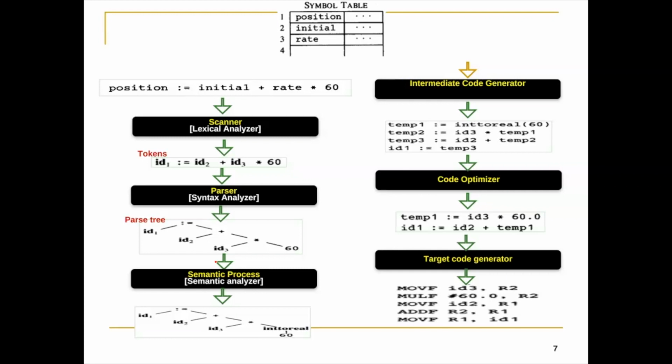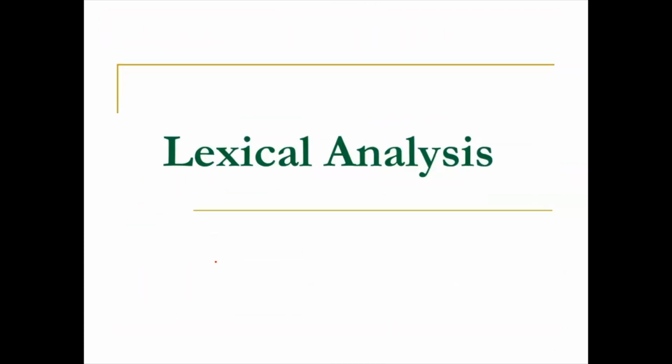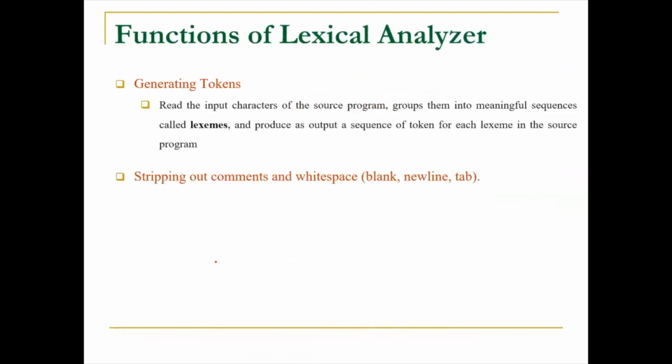And that block which you saw on the left side of the phases of the compiler takes care of the things needed to handle the symbols. So that's all about the different phases involved in the compilation process.